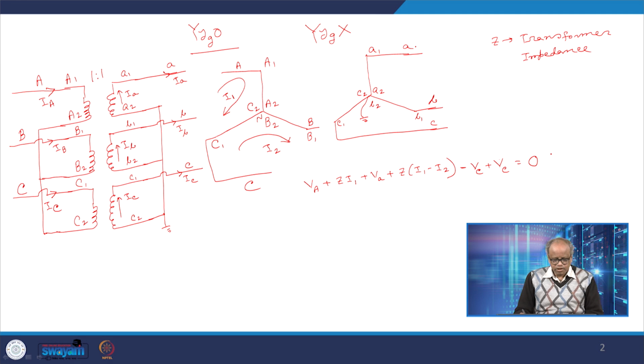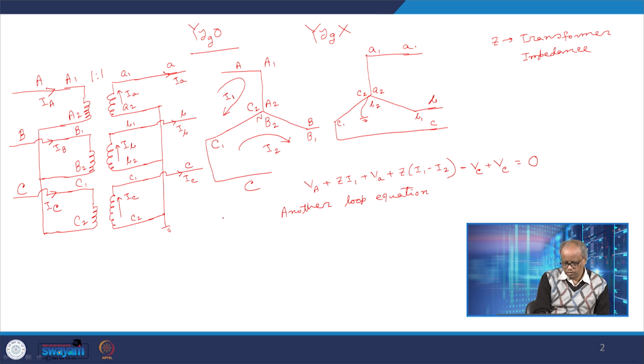Similarly, another loop equation for I 2 can be written.